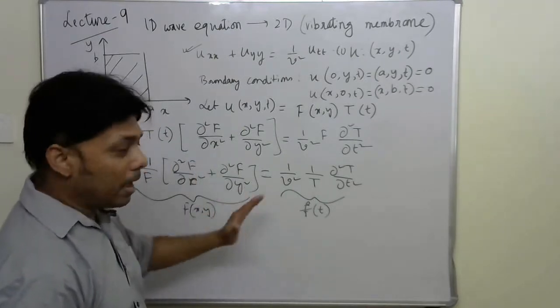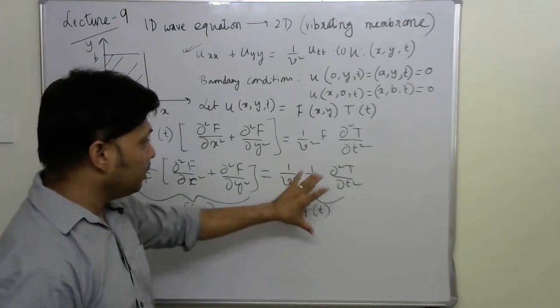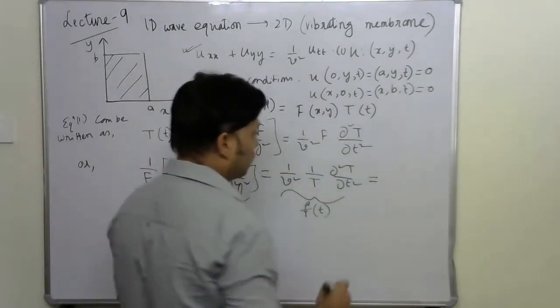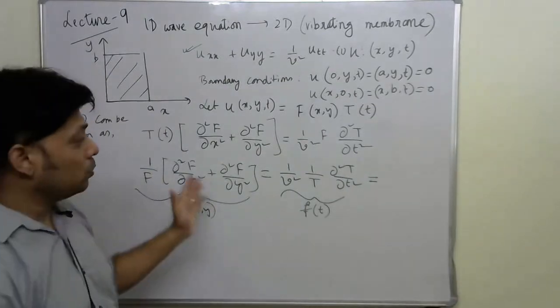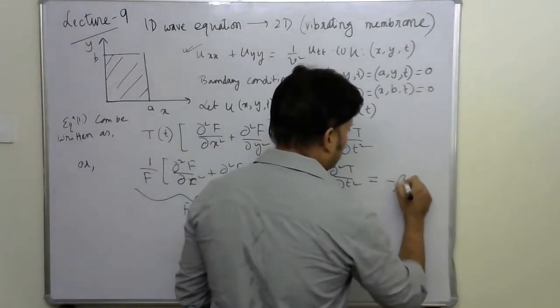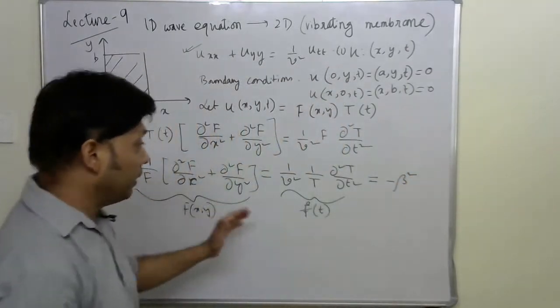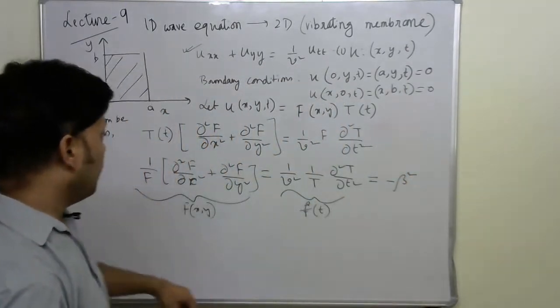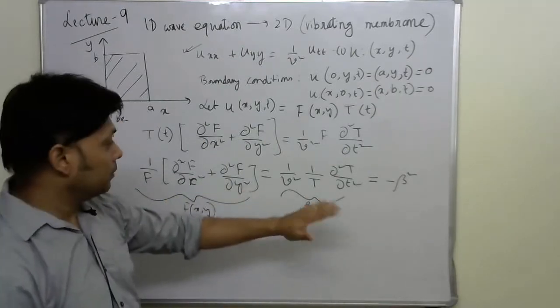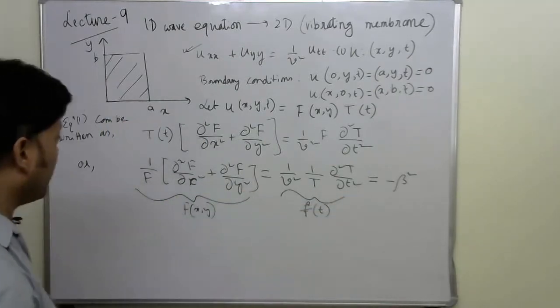Now this can only happen when both of these are equal to a constant. From our previous knowledge, it is wise to assume that the constant is a negative value, so we can directly equate it to negative beta squared. We are all familiar with this part.